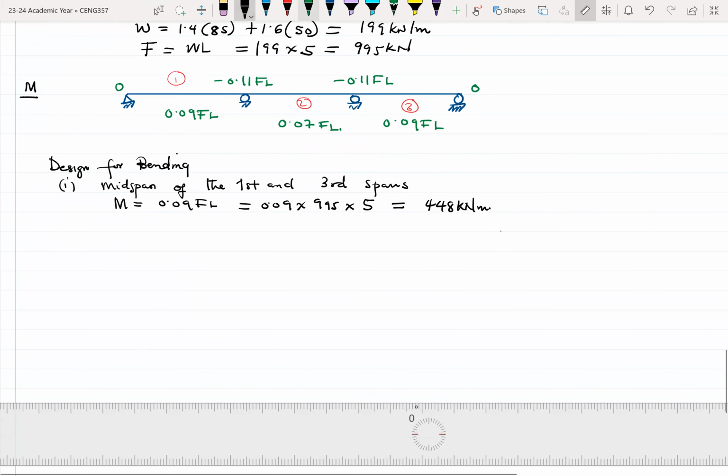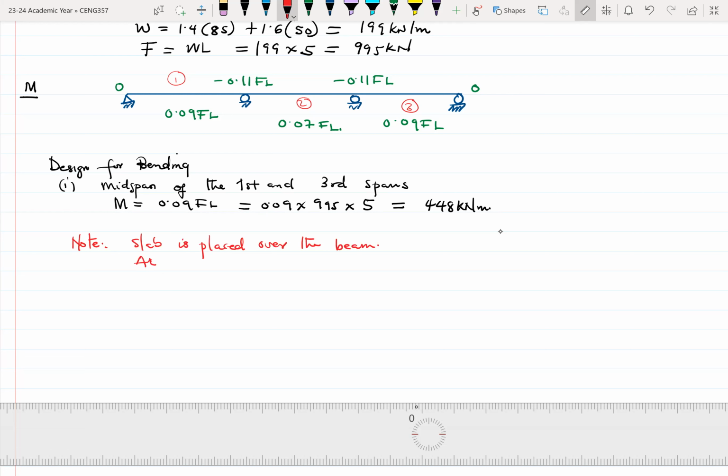Let me put in the notes in red rather. Okay. So notes. Slab is placed over the beam.